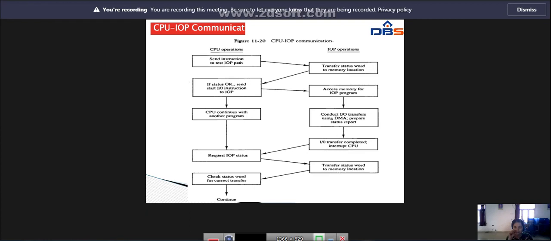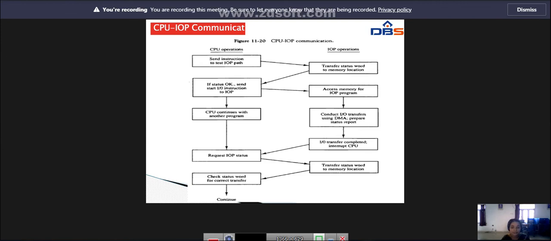So this is the flow chart of the CPU and input output communication. Here the CPU sends an instruction to test the IO path.